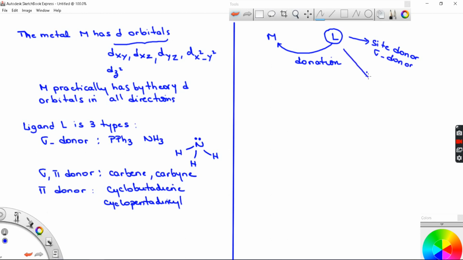For some ligands, we have vacant sites that can receive electrons, so it is an acceptor.